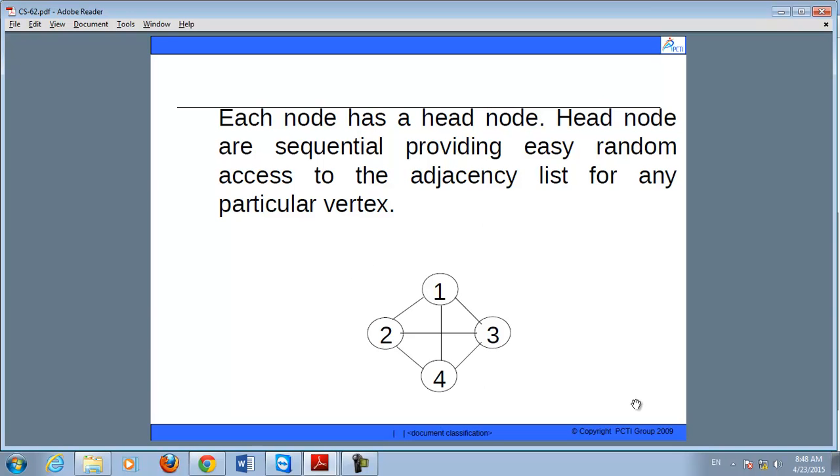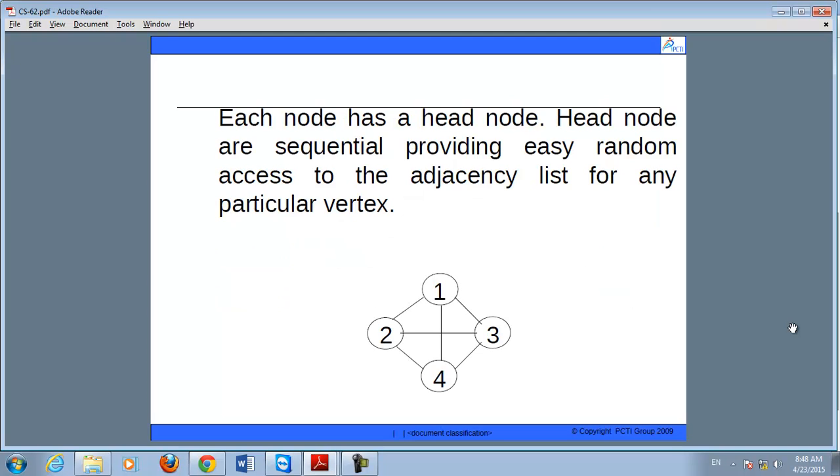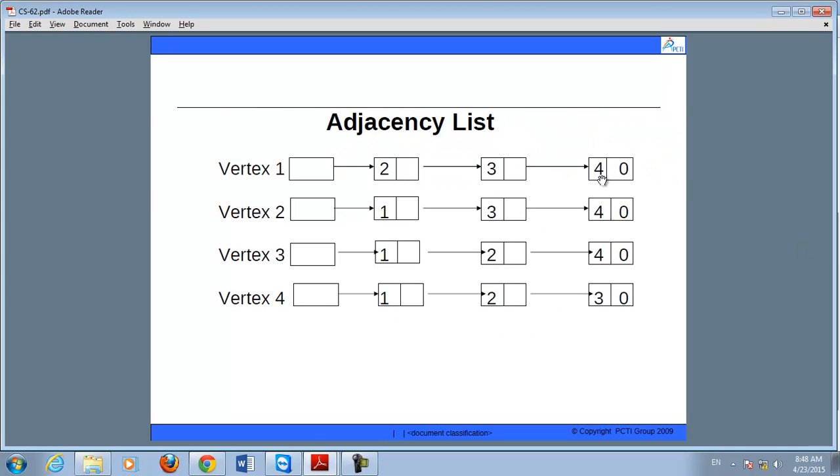There is a graph with vertices 1, 2, 3, 4. If you want to present the adjacency list, then from 1 there is a path to 2. From 2 there is a path to 3, and from 3 there is a path to 4. The end node will contain 0 or null in its link value.